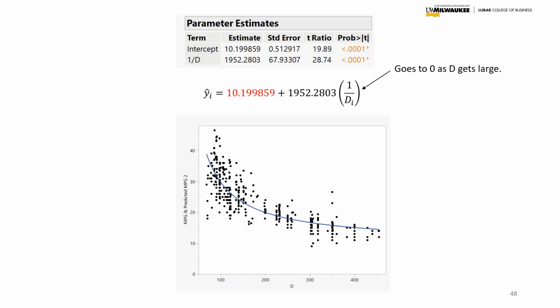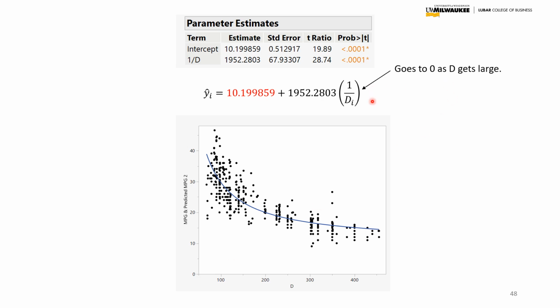Suppose your understanding of the application suggests that the y values should not continually go down, as is the case with the previous fit of having d and 1 over d in the regression model, and that your understanding of the y behavior is that it will eventually flatten out to some level. How could we model that? Well, we don't include the d term. We only include, in this case, the 1 over d term.